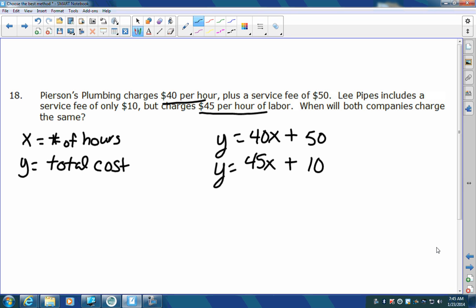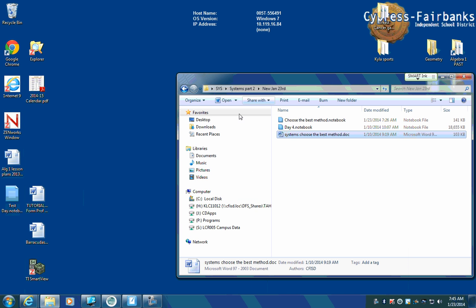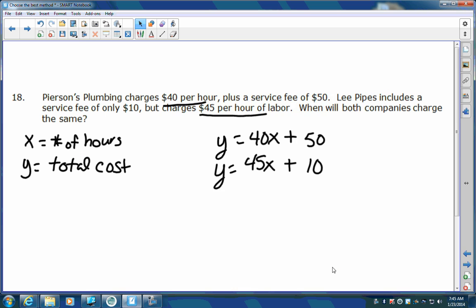This is set into Y equals. Go to your calculator, go to Y equals. Let me pull up my handy dandy calculator. Go to Y equals and put them in there.